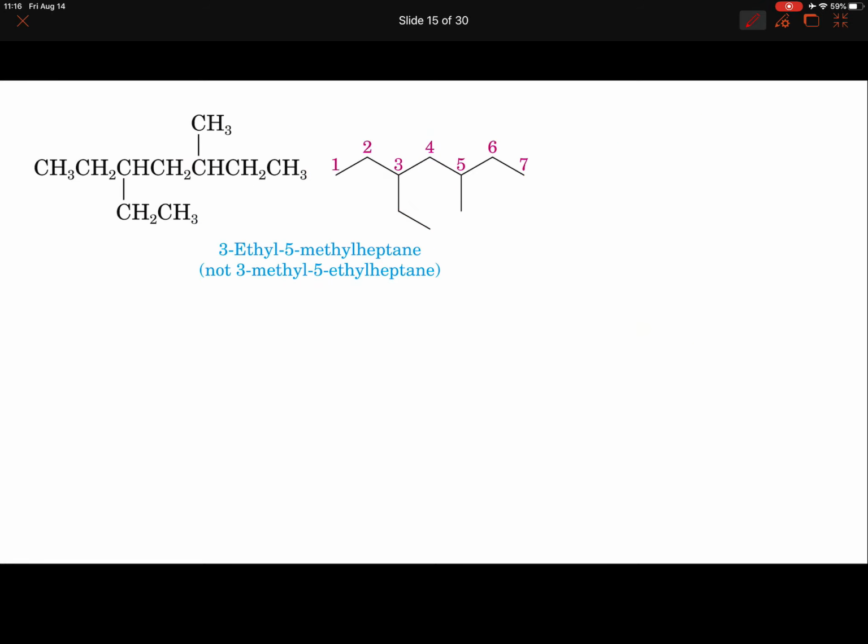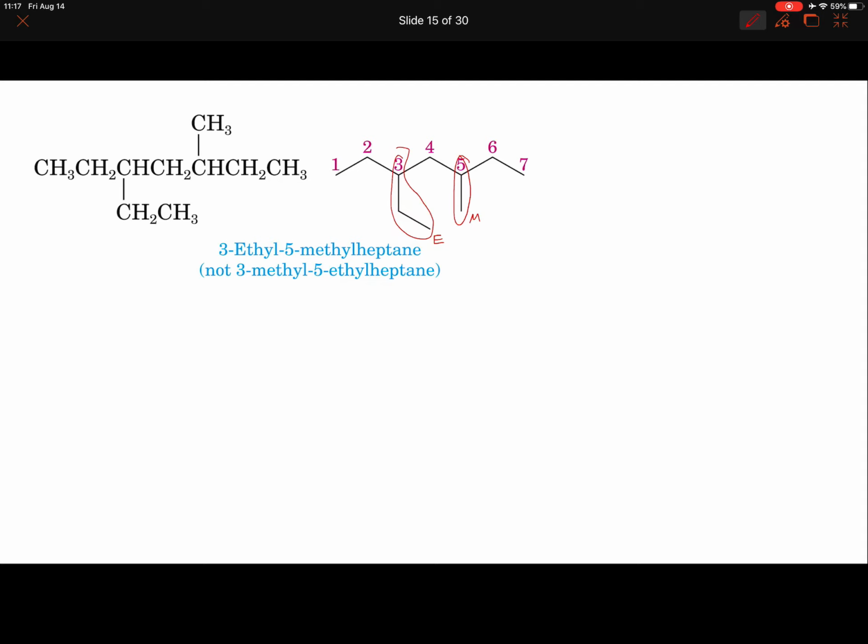If your substituents, though, happen to be different, then we list them in alphabetical order. So in this case, we've got 2 groups. On the number 5, we have a methyl, and on number 3, we have an ethyl. So E comes before M, even though, what I was going to say is sometimes they have lower numbers.